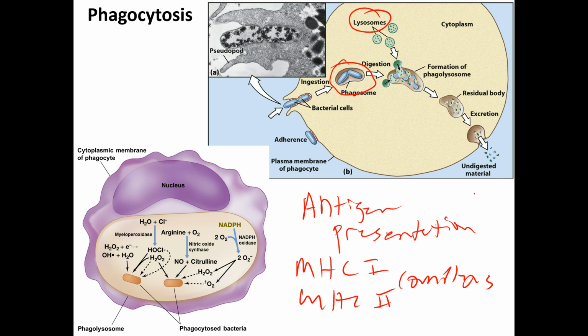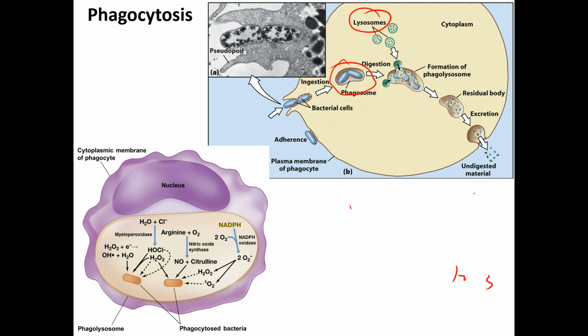But just know that you have antigen presentation. These foreign antigens that have been digested, those little bits, are going to be expressed on the surface of your phagocytic cells, your antigen presenting cells. And the function of these antigen presenting cells is that they present these antigens to T cells. So this is a connection between your innate and your adaptive immune response. You have antigen presentation from innate to the adaptive.